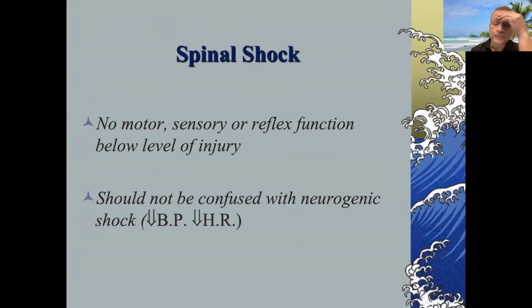There are 2 terms that you need to be aware of. One of them is spinal shock, and the other is neurogenic shock. Spinal shock refers to the motor, sensory, and reflex changes that happen early on after spinal cord injury. The easiest and most impressive example is that when a patient comes in with a serious spinal cord injury and you examine their reflexes, they're often areflexic.